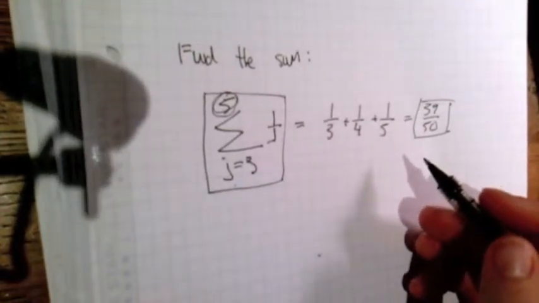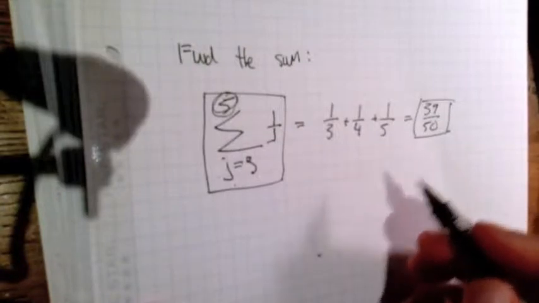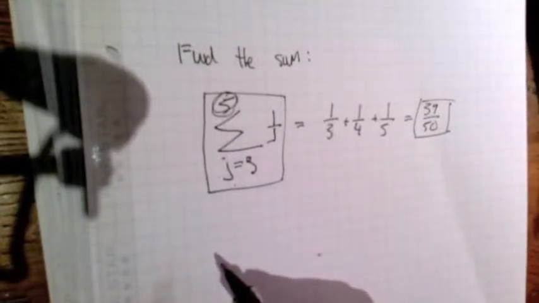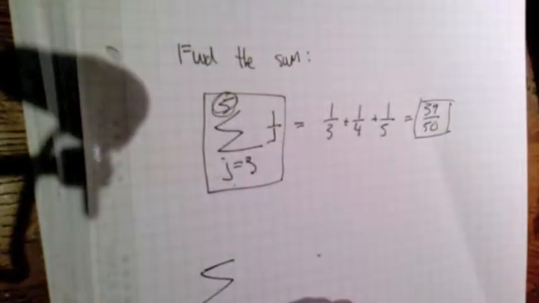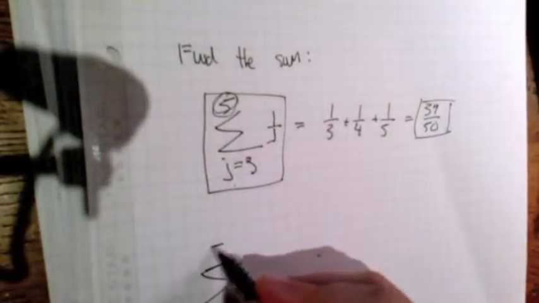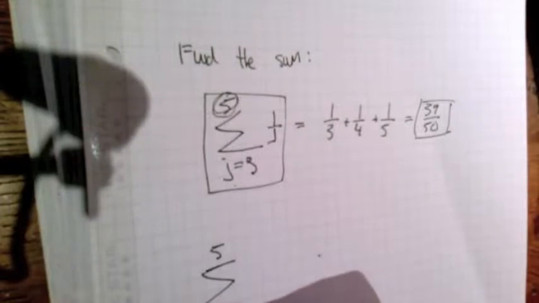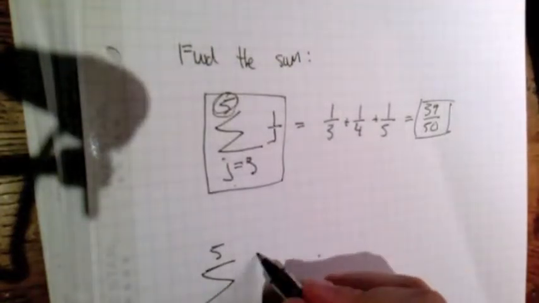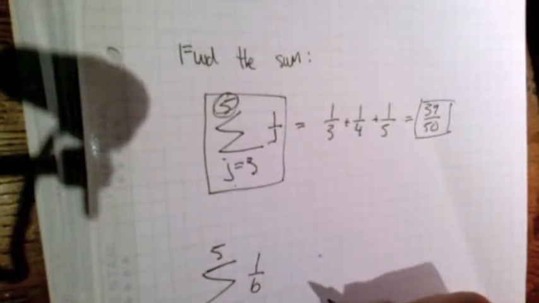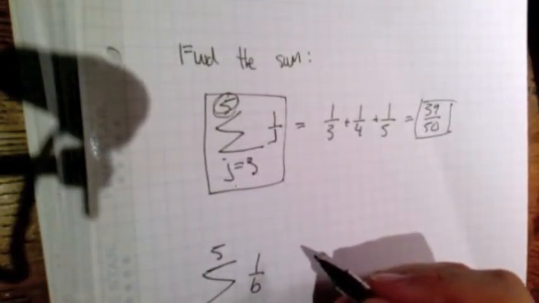Now we have another one just like it. It's find the sum of the first 5 terms where j equals 3, and the rule is 1 over b.